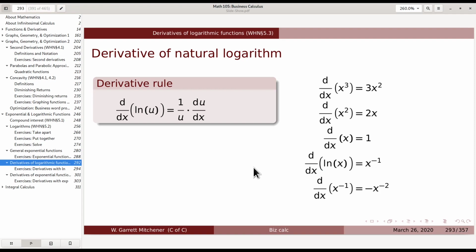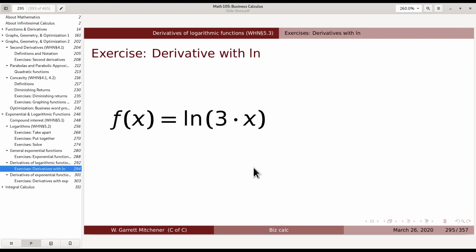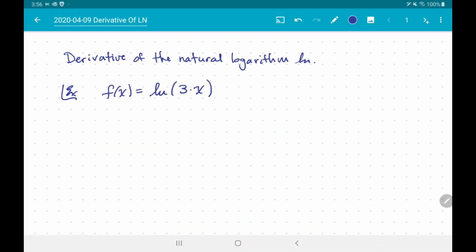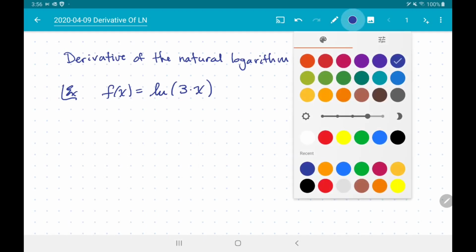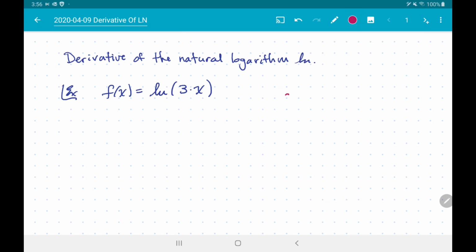Let's do some examples of this. So here's our first example. Suppose f of x is ln of 3 times x, and we're just going to ask for the derivative. Okay, so there it is. I'm going to write the derivative rule over here to the side.